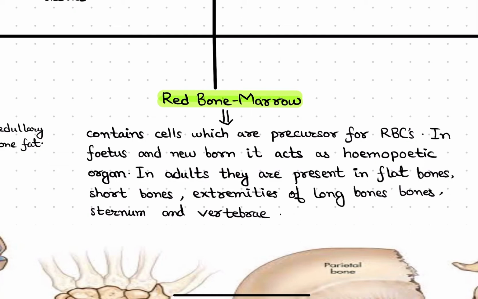You may have learned that in fetus as well as in newborn, this red bone marrow acts as a hemopoietic organ. Hemopoietic organ means it forms RBCs. In adults even, there are certain flat bones, short bones, extremities of long bones like sternum and vertebra, which are responsible for the production of RBCs.